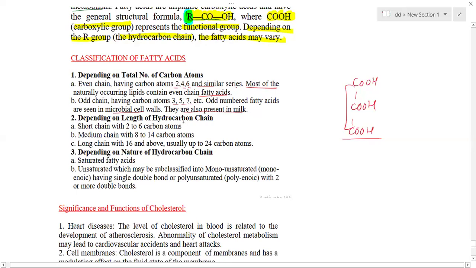And depending on the hydrocarbon chain. So hydrocarbon chains of 2 to 6 carbon atoms are short, the medium chain has 8 to 14 carbon atoms, and 16 and above is usually long. So depending on the length of the hydrocarbon.